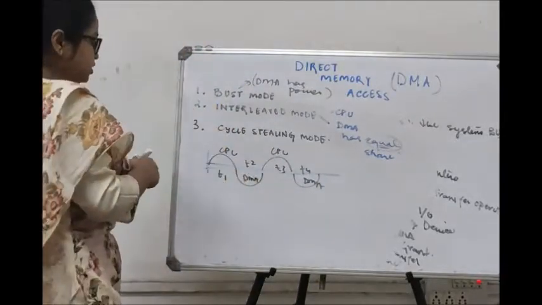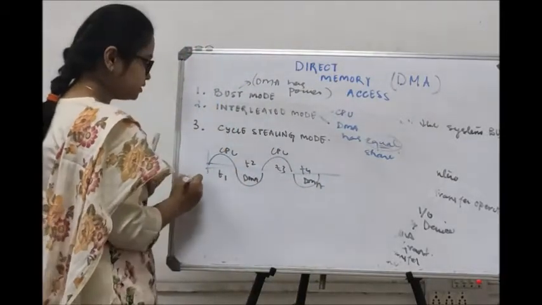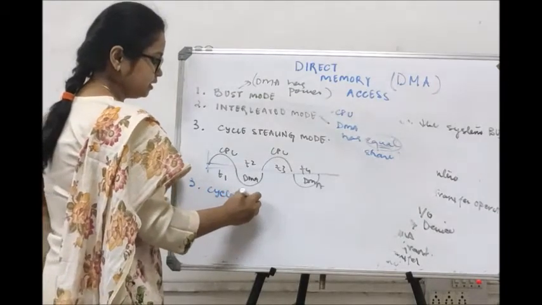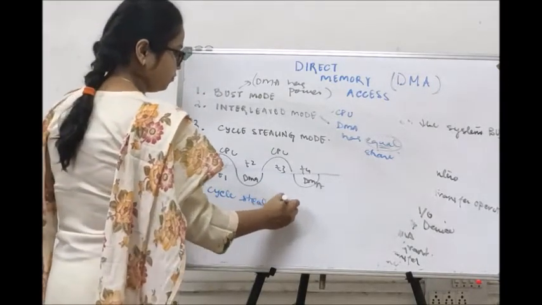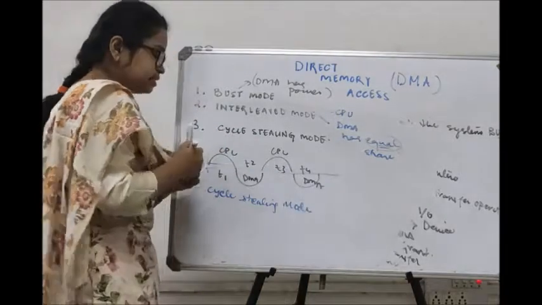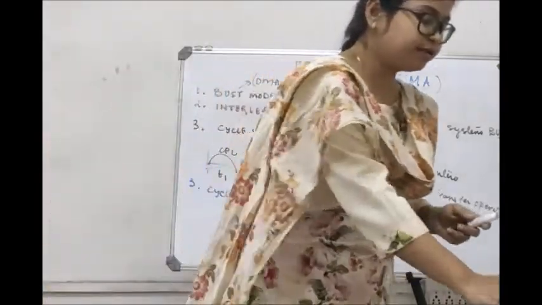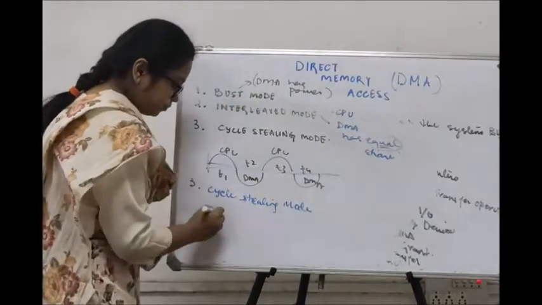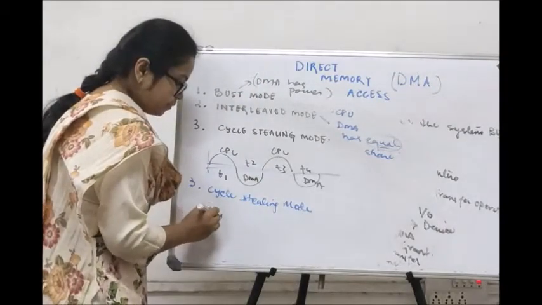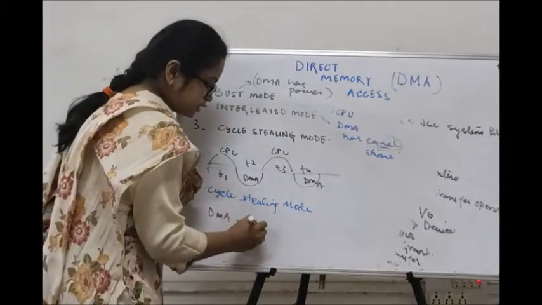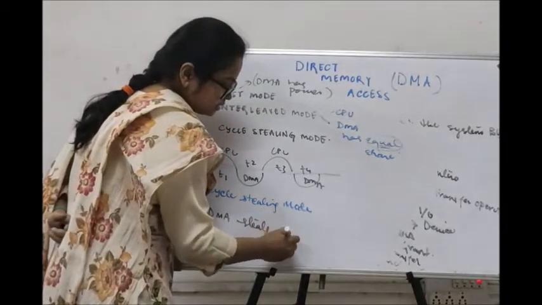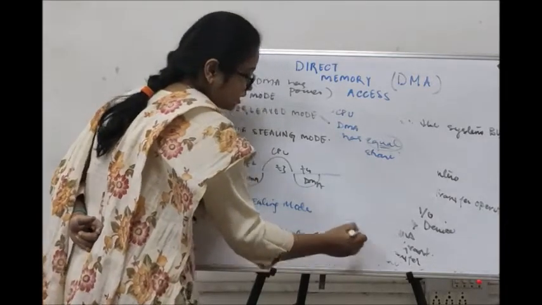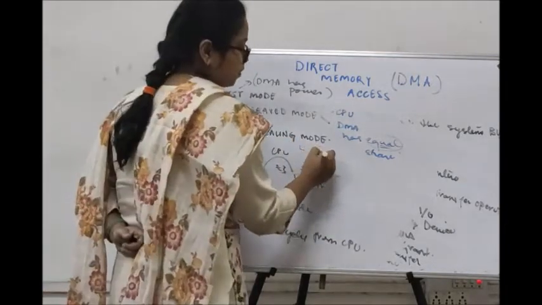Now the third thing is cycle stealing mode. What happens in cycle stealing mode is here the DMA steals cycles from CPU. That means CPU has more power.